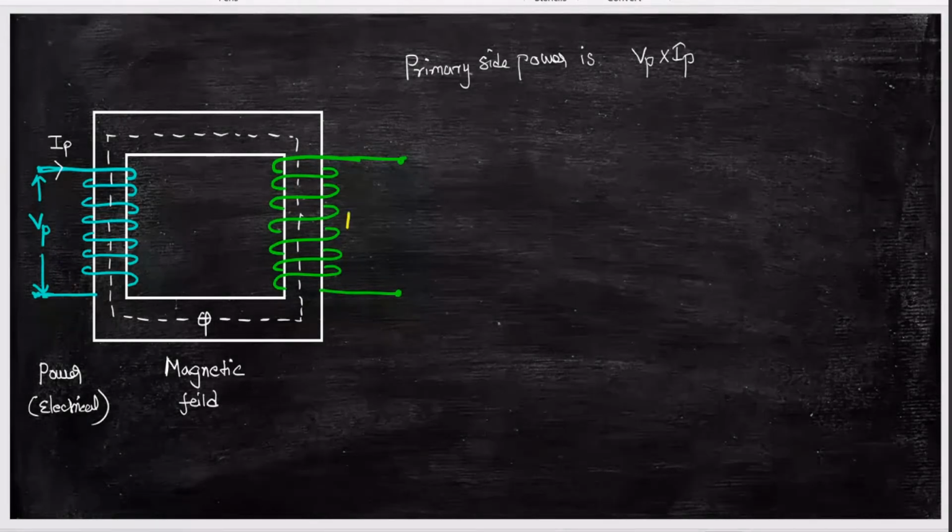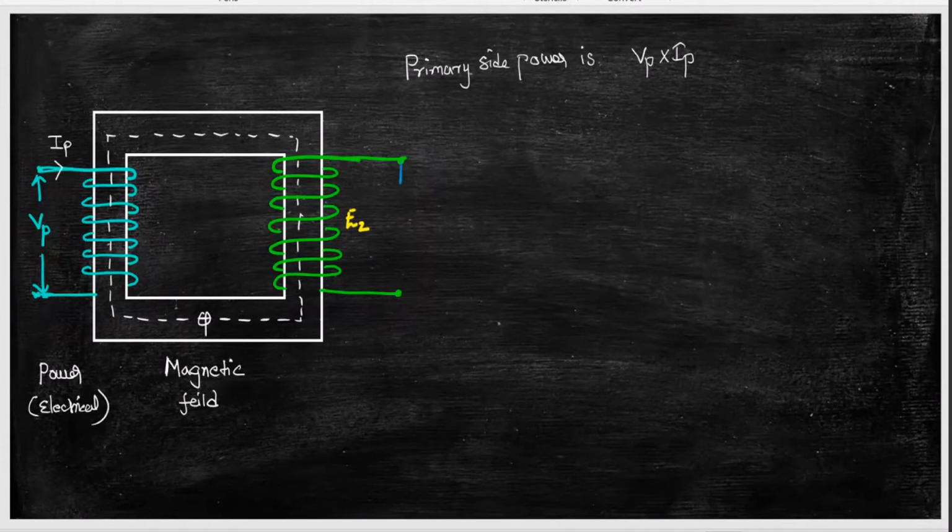Suppose you connect the load as in the previous slide, then IS will start flowing into this load, and VS is the terminal voltage.